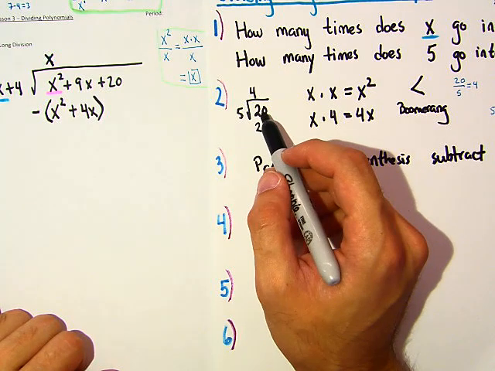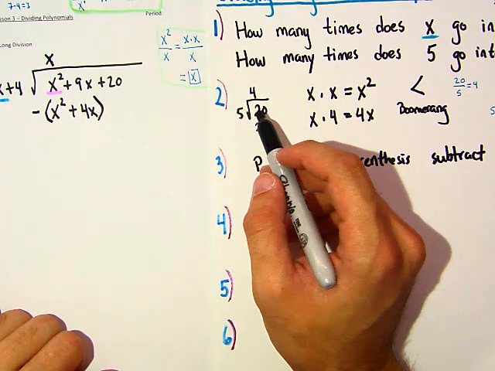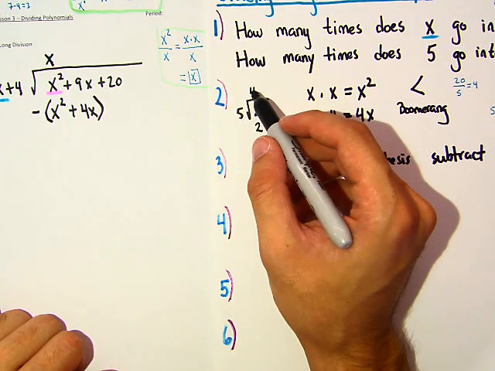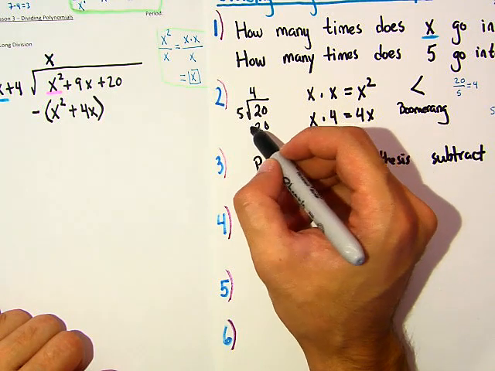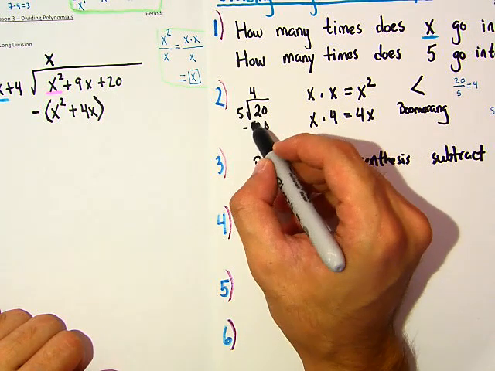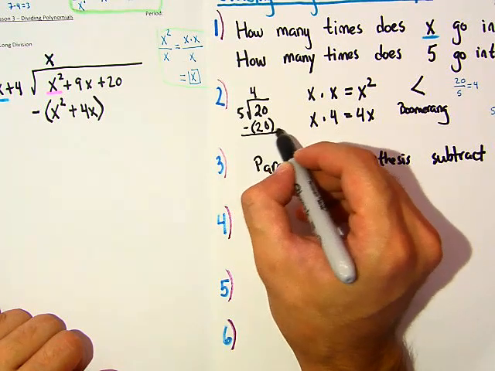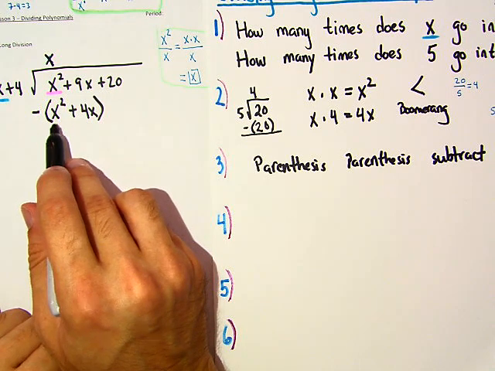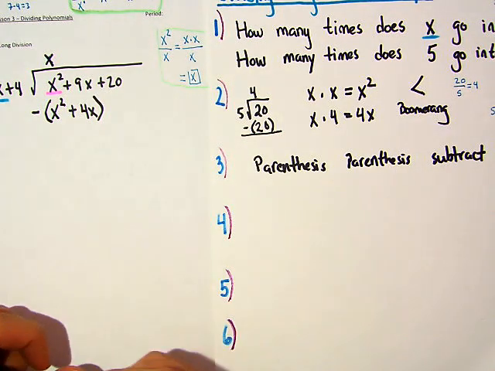What's 20 divided by 5? You say it's 4, so 4 times 5 is 20. And don't you remember back you did a subtraction sign over here? But really what they should have showed you in 4th grade is that there are parentheses over there. And that's the same idea we have over here. Okay, so parentheses, parentheses, subtract.